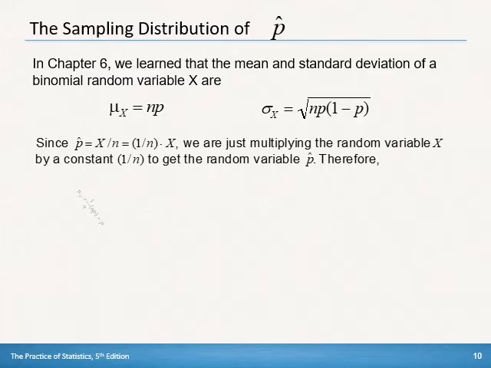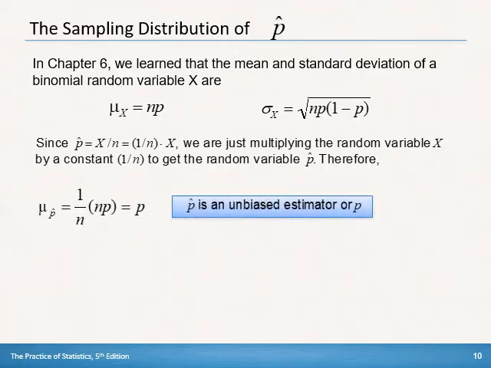So if we look at the original mean of the random variable x, np, all we're doing to get the mean of the new random variable p hat, the mean of the sampling distribution of p hat, will really just be 1 over n times that other mean, which was np, and then we can simply cancel out our n's, and that would leave us with p.